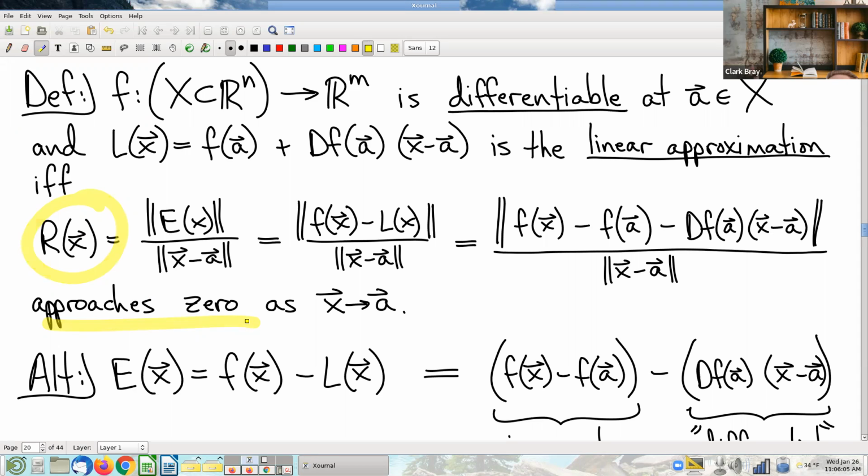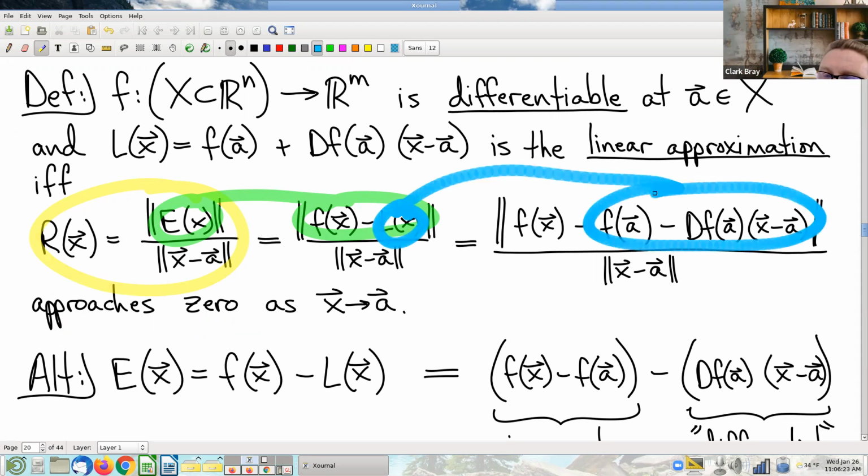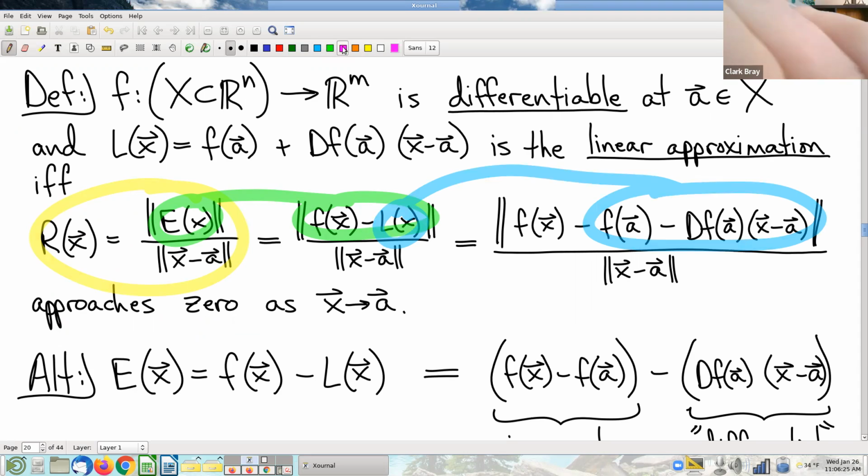That's really all the definition says. Relative error approaches zero. Now, don't forget relative error is that. And don't forget error is that, the difference between the approximated value and the real value. And don't forget that your linear approximation itself is all of this, which I have to, of course, put some parentheses in here.